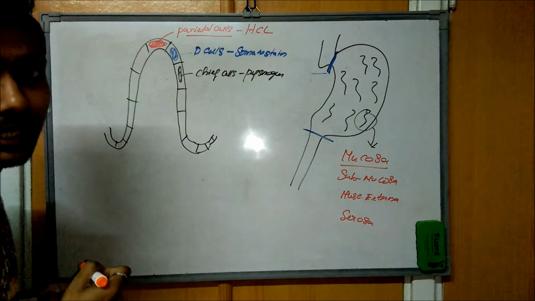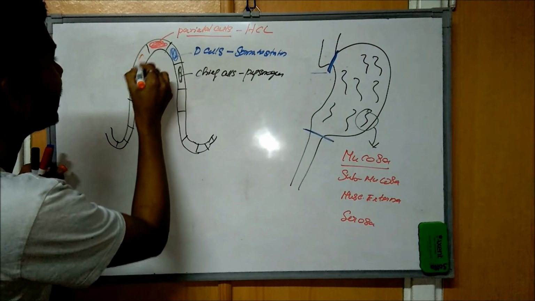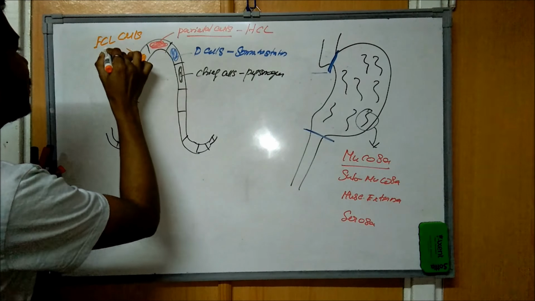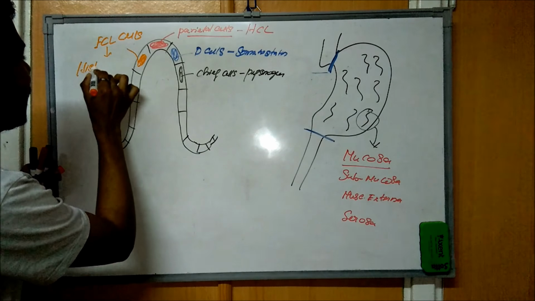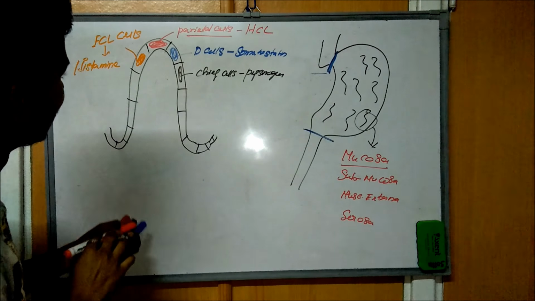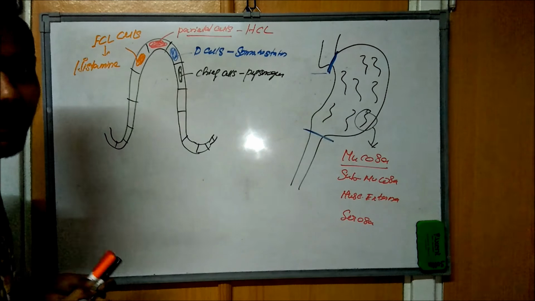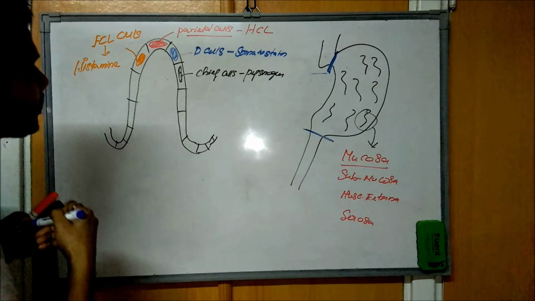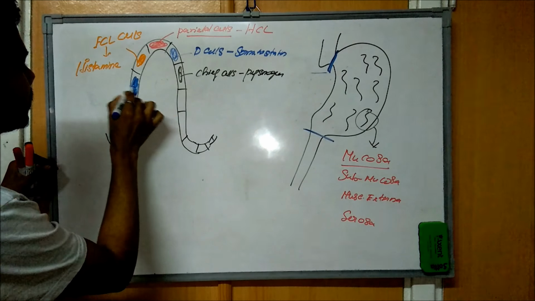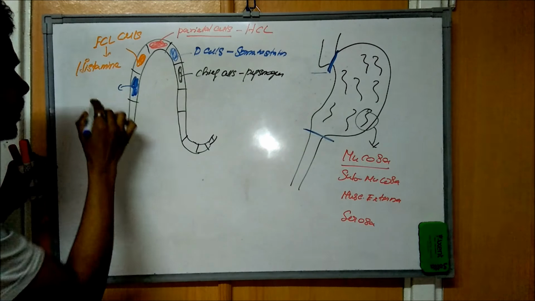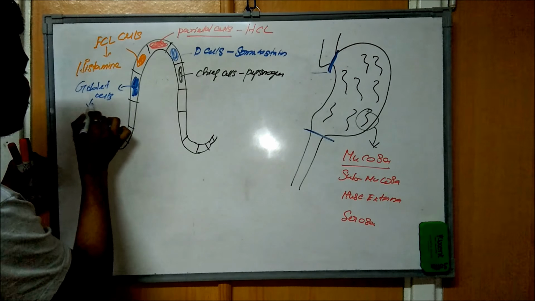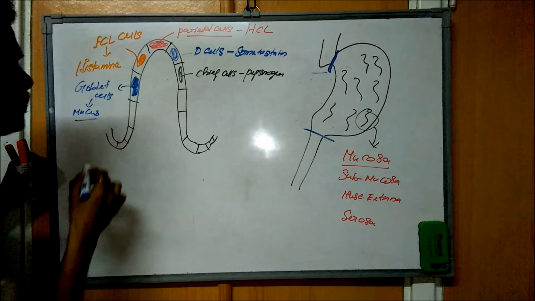Then we have enterochromaffin-like cells, or ECL cells, which produce histamine. And then we have goblet cells, or mucus cells, which produce mucus.